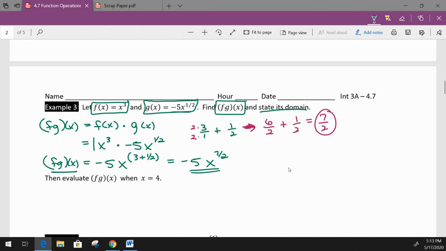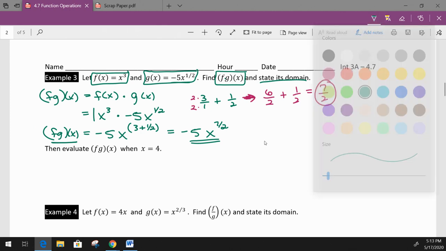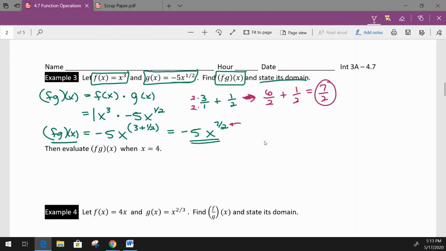Now, as far as the domain, again, we have to look at the root. Since we have an even root, just like with the square root, you cannot take a negative number to an even root. Since x is the only thing being taken to this exponent of 7/2, the even root is very important.